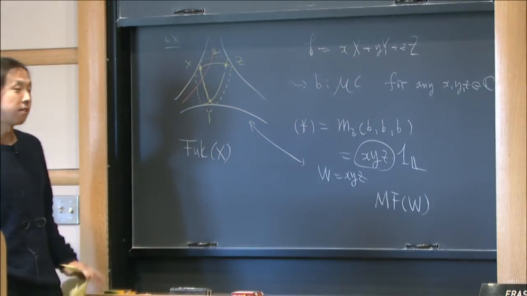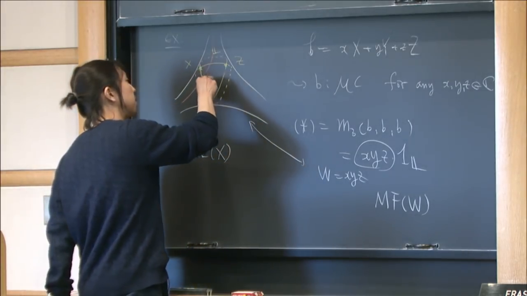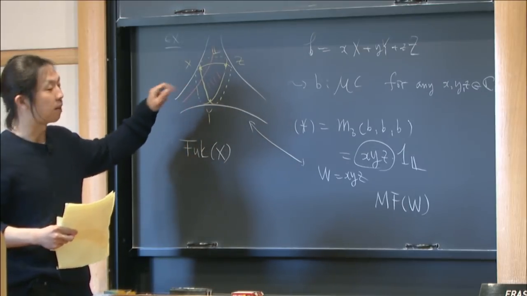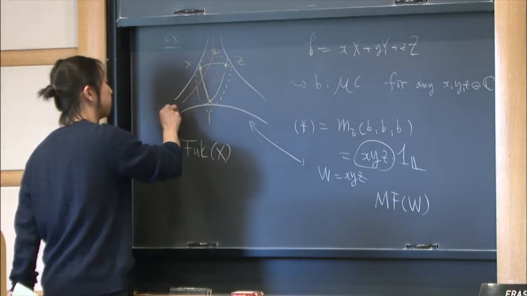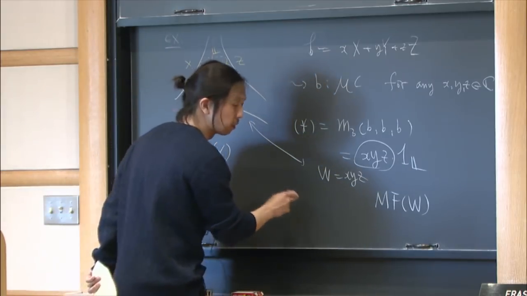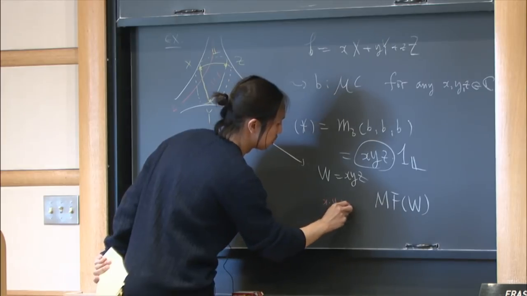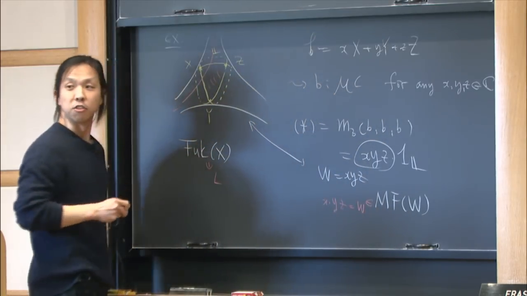You see that this splits my XYZ triangle into two pieces. One is this, and the other is this. One has this X corner, and the other has the YZ corner. So this Lagrangian L is mirrored to the following matrix factorization: x times yz equals W. So this is in here, this is in here, so they're mirrored to each other.